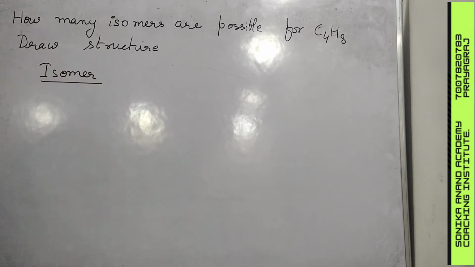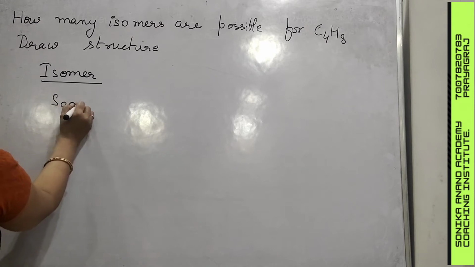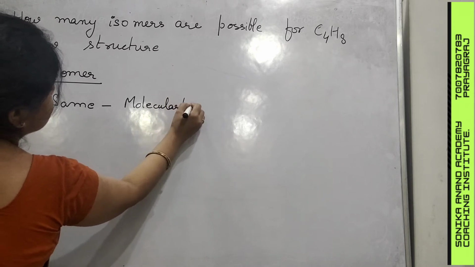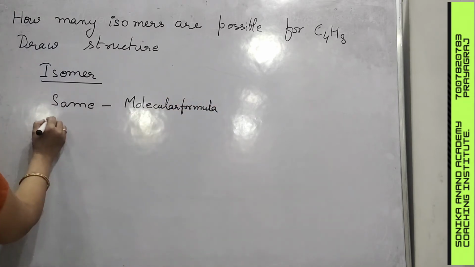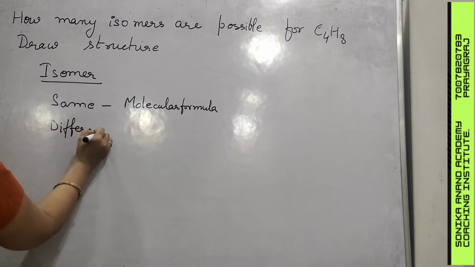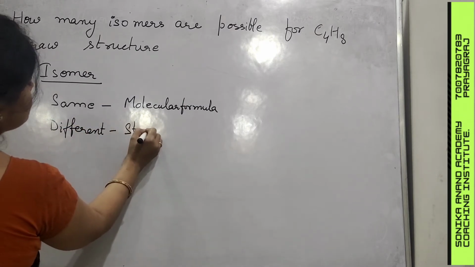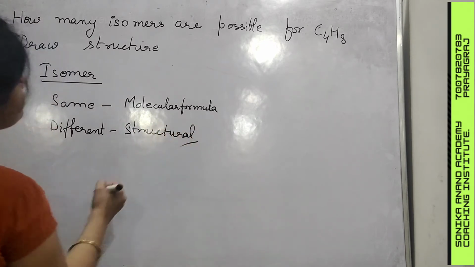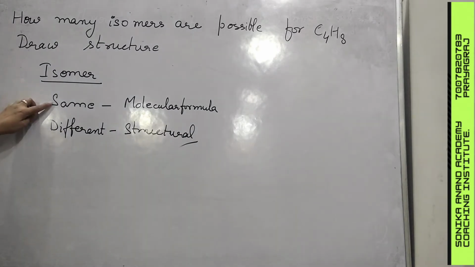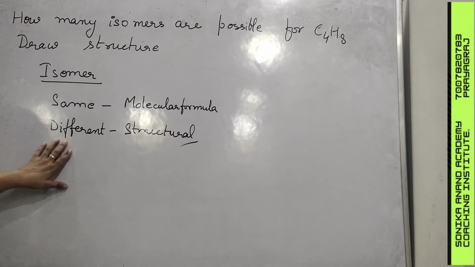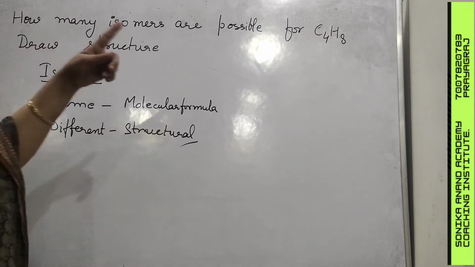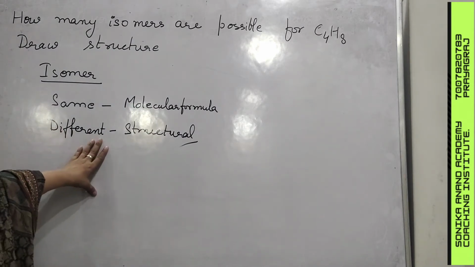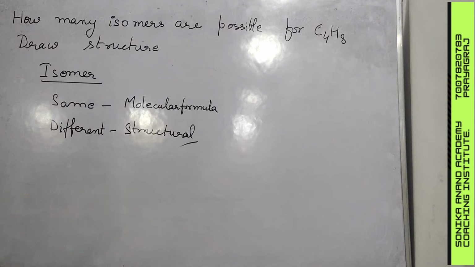Isomers are the compounds which have the same molecular formula, but they have different structural formulas. Now in this case, for C4H8, we have to draw different structural formulas having the same molecular formula of C4H8.